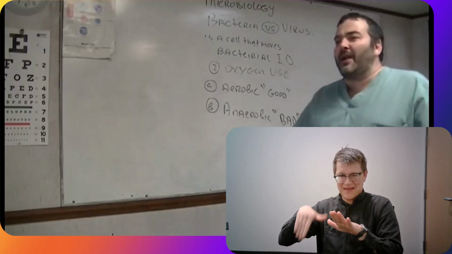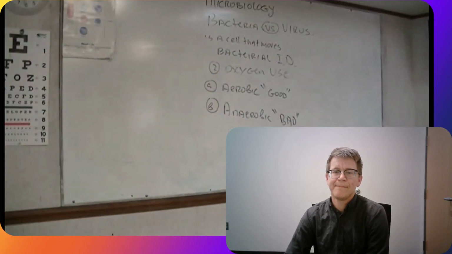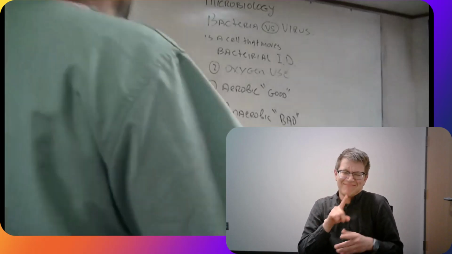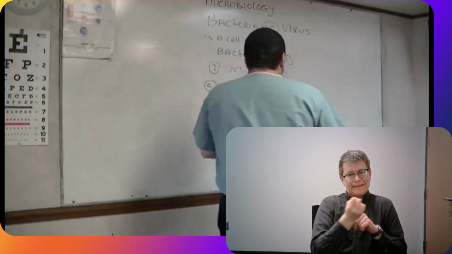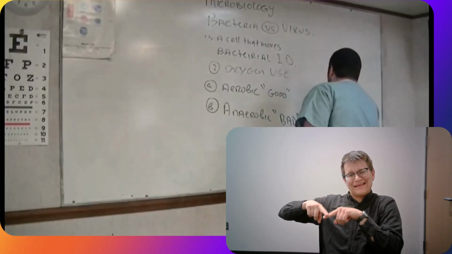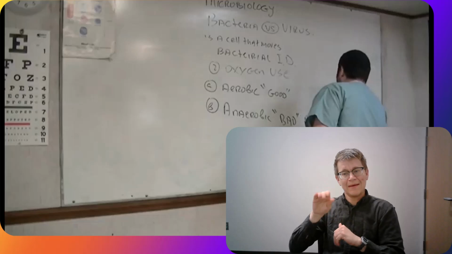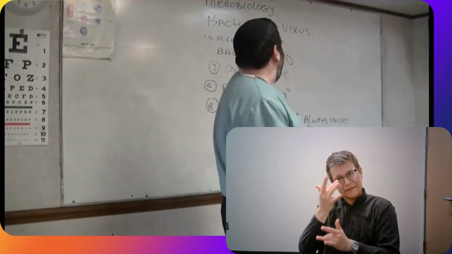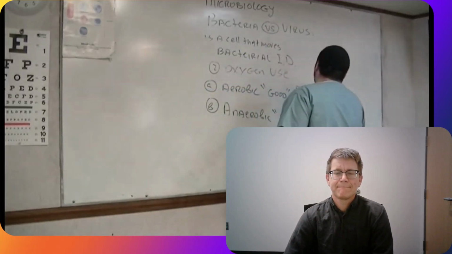Now, good and bad are relative terms. We have good things under certain conditions, and we have bad things under certain conditions. Now, bad bacteria causes disease always, no matter where it is. Anaerobic bacteria always causes disease, while aerobic bacteria does not always cause disease.